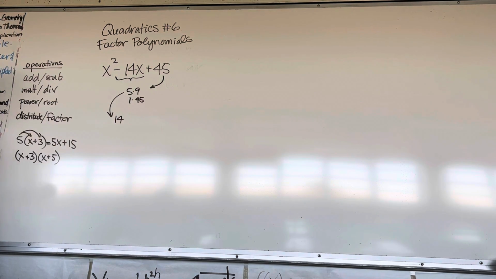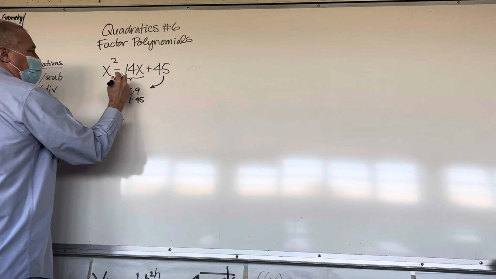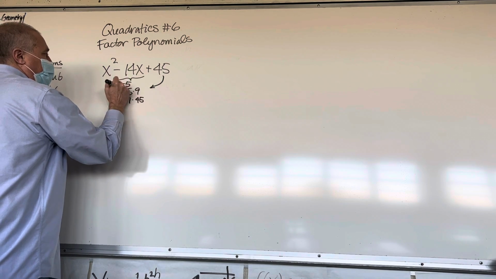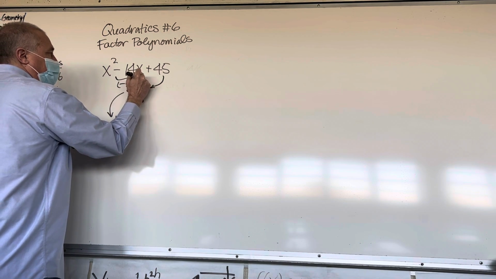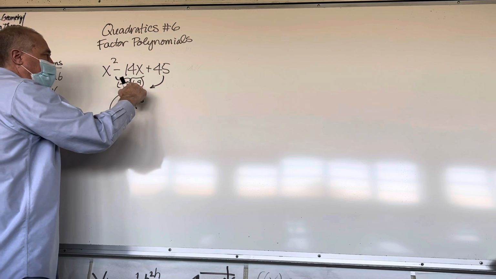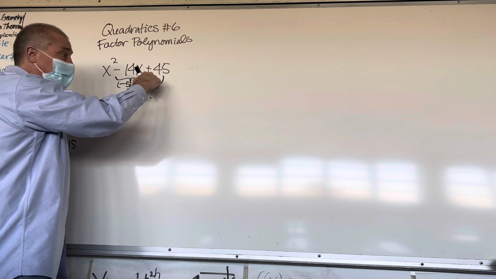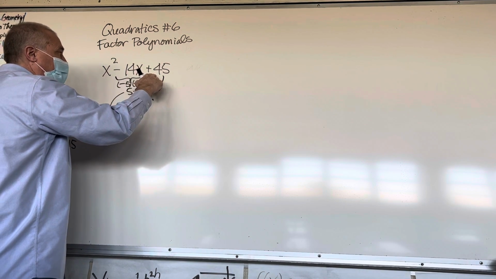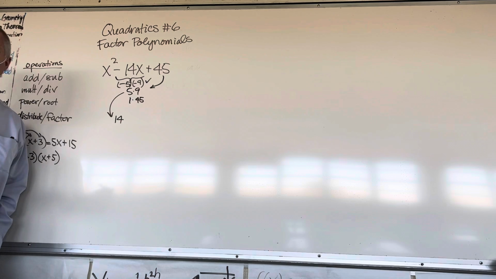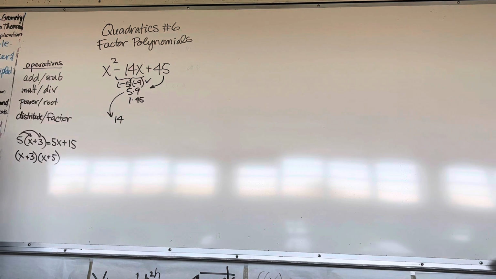Well, if it's a -5 or a -9, it still turns into 45. Very good. If it's a -5 times a negative 9, isn't a negative times a negative a positive? And isn't 5 times 9 45? So this is a set of factors we didn't consider yet.